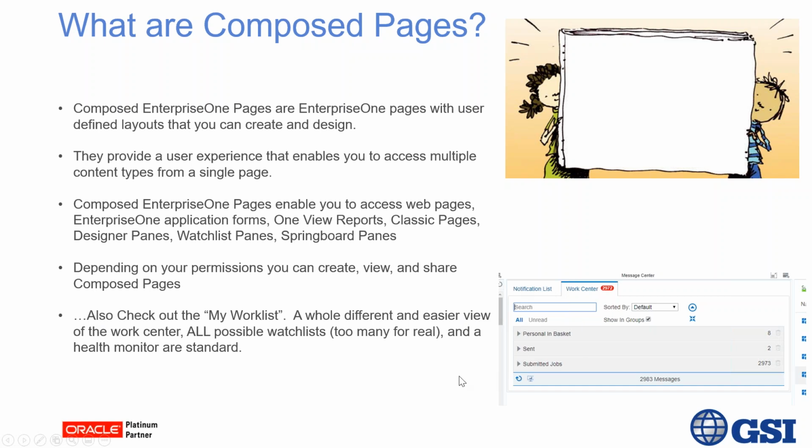Also, a thing I put on this bottom one that I want people to notice: I don't know if you've used the Work Center lately, but it has always kind of been a pain to clear out and to do things. There's a thing called My Work List. It's a composed page that comes together automatically for you, and it has your Work Center and lets you sort and search things based on job number.